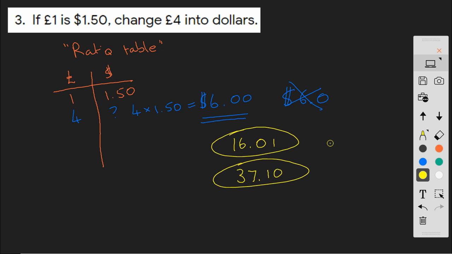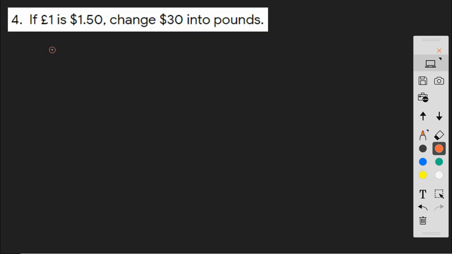Okay, now here we are again, and apologies if you've watched the video for question 3, because I'm just going to go a little bit back over for those who have only come in for question 4. We're going to revisit yesterday's ratio table.